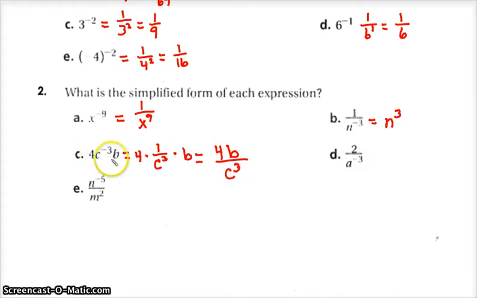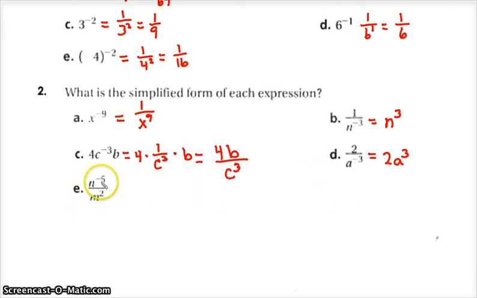Notice how each part was independent. I rewrote it by simplifying and then combined all my terms. In part D, you see I have a negative exponent in the denominator. That exponent needs to be moved to the top. So I have 2a to the third is my final answer.